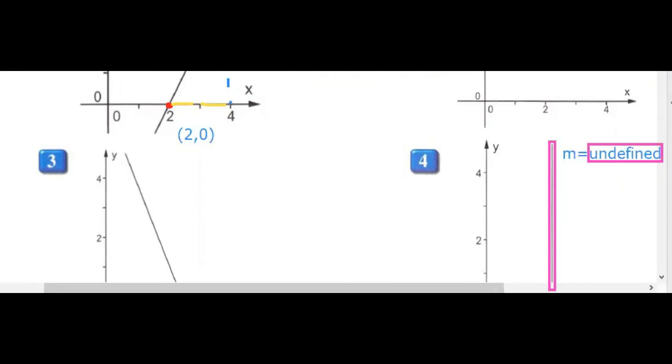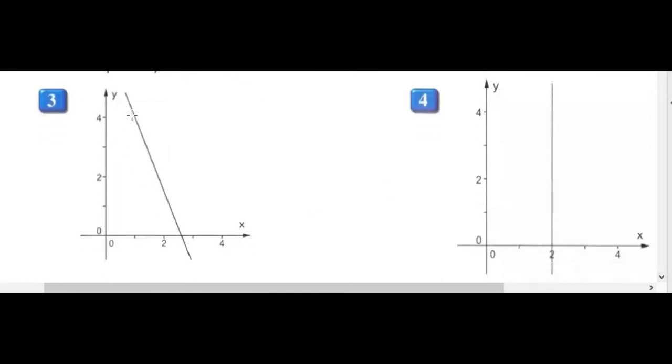Now let's go to the last one, and let me clean those things. The last one is this one, number three. We have to plot 2 points that we must be sure about. I don't know this point, guys.